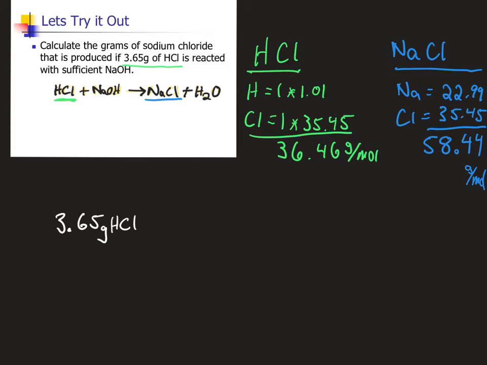The only way I know how to convert that into moles is using the molar mass. That's why labeling is so important, so that I know which one of these to use and when. And so I use 36.46 grams HCl per 1 mole of HCl.